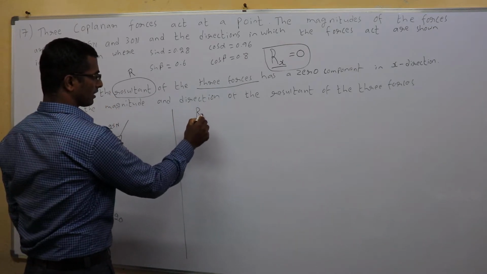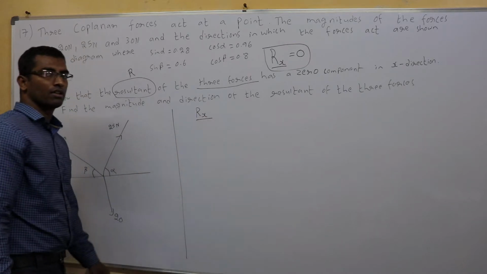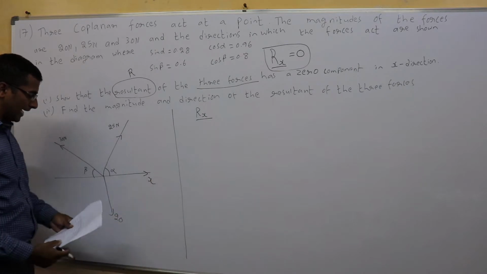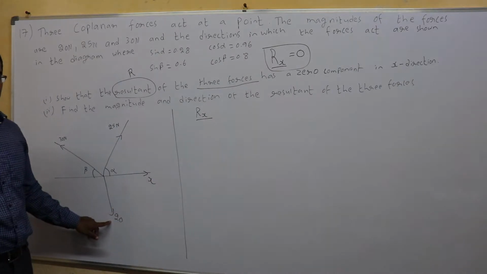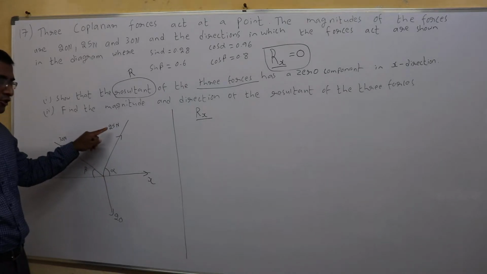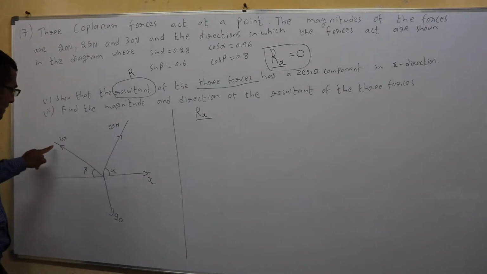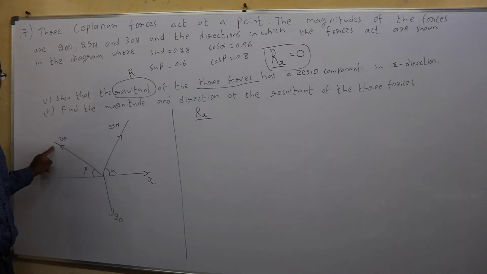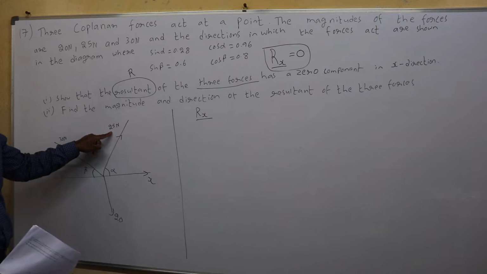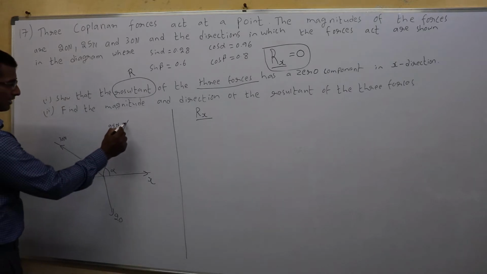For that, find out Rx. Now, if I assume it to be the x-axis, I don't need to resolve the 20 because it is not acting at any angle. This is acting at an angle, so this should be resolved. This is acting at an angle, so even this also has to be resolved. To resolve it, I need to form a right angle triangle. For that, I drop a line.